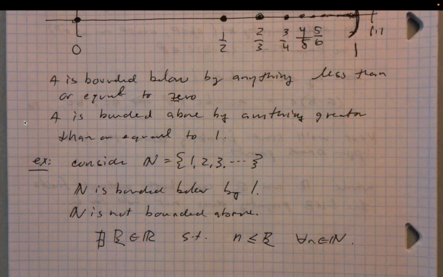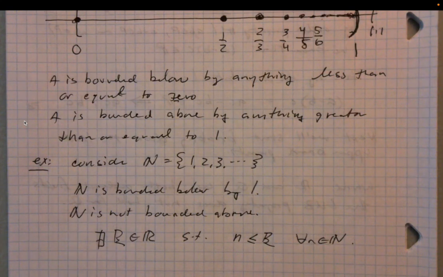On the surface, I know this can seem painfully obvious, but it's very important to start thinking about these things and to not always assume that what seems obvious is true. In this case, it is true that the natural numbers are not bounded above, but there will be a lot of examples where you'll say such and such is an upper bound on such and such a set, and it may seem obviously true, but it's not.